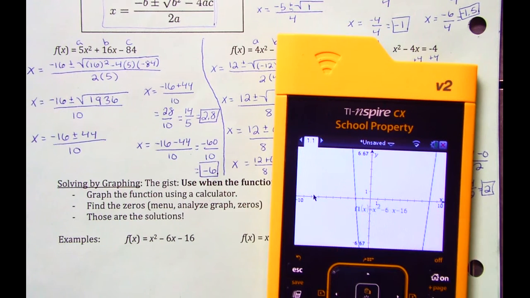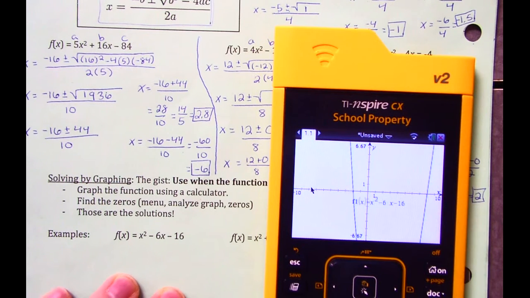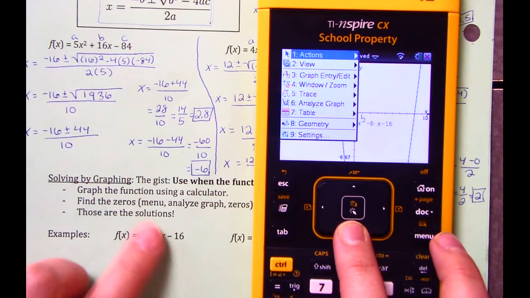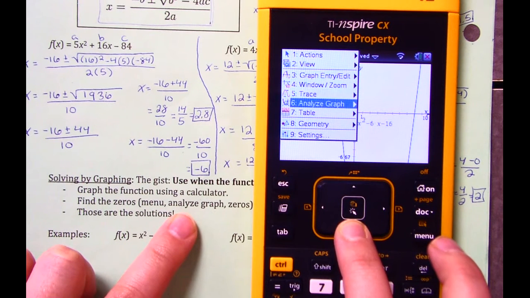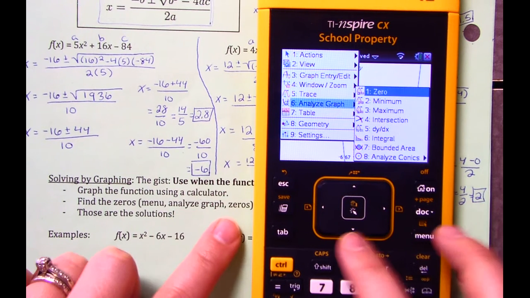If we want to figure out what these answers are, we can go into Menu, down to Analyze Graph, as it says right here in your notes, and then Zeros.